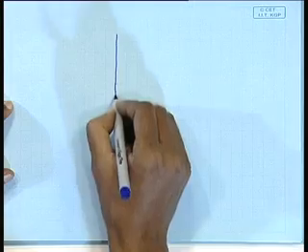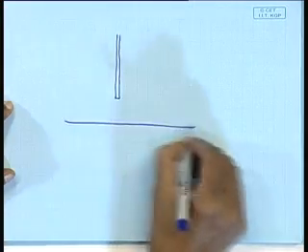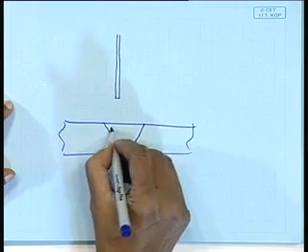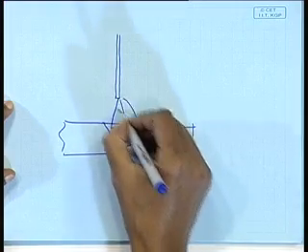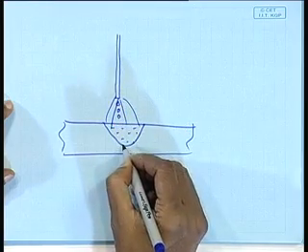In a little enlarged view, schematically it is like this. Here you have the molten metal pool, you have the arc, and the metal droplets are getting transferred.